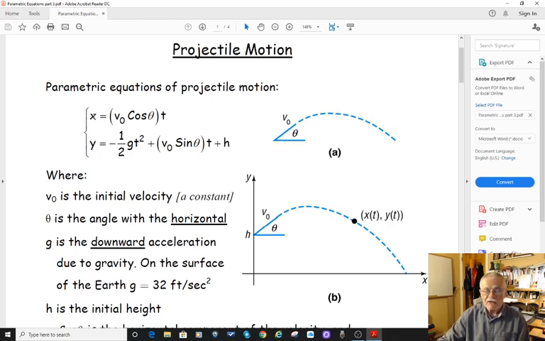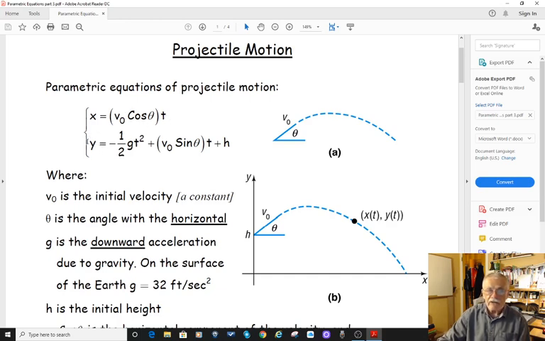Now, x is a distance, and what we have here is a rate and a time. You know distance equals rate times time. So that's where the justification comes from. The horizontal position is the horizontal component of the velocity times the time.